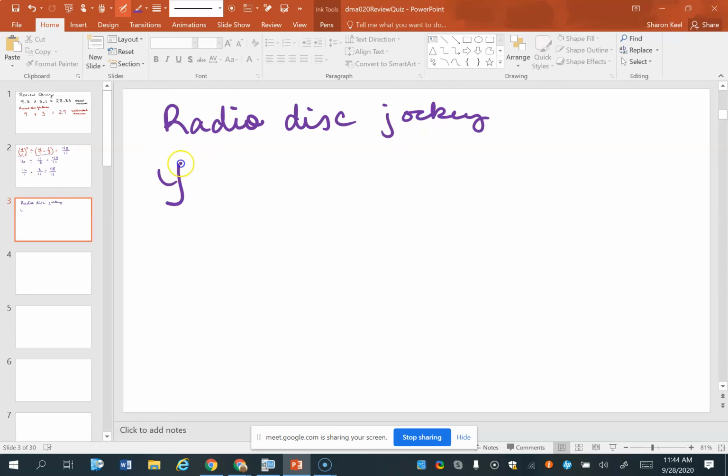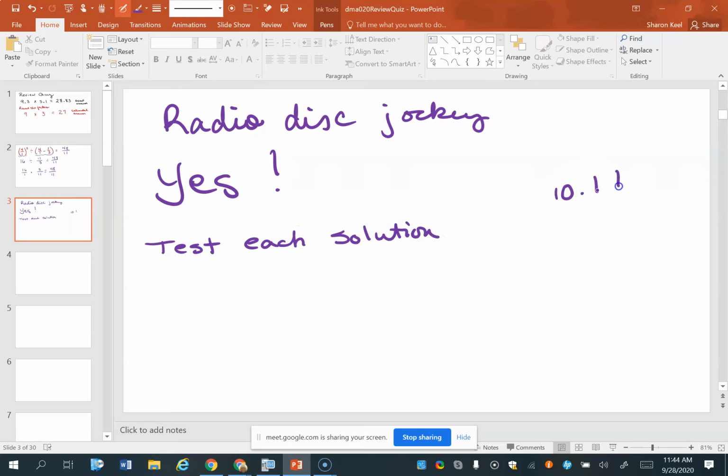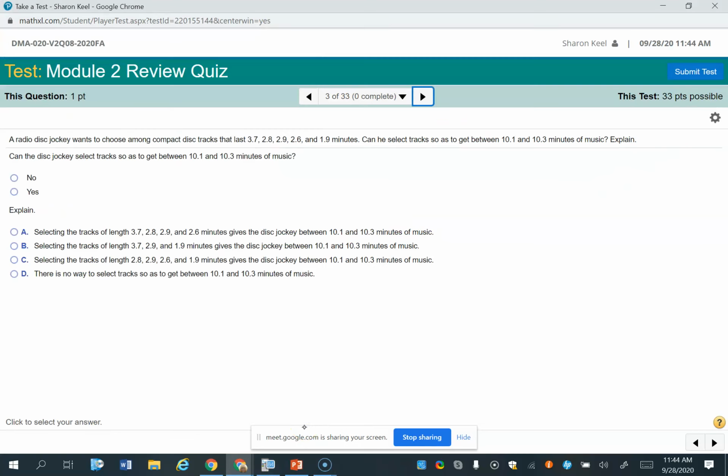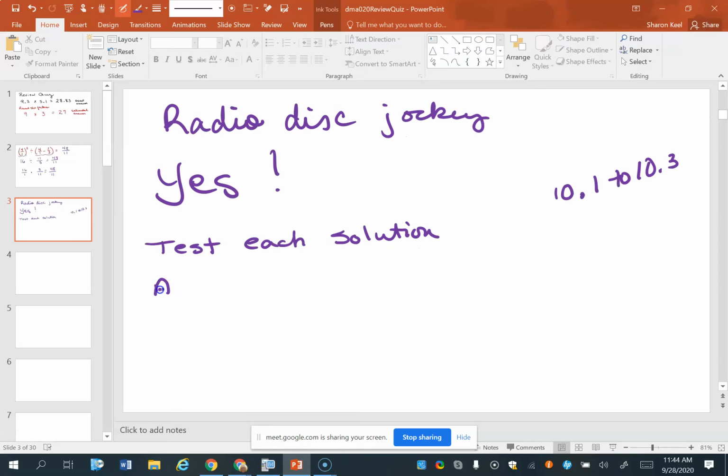For this, your answer is always going to be yes. Then what you want to do is test each solution, looking for 10.13 as the length of the music. We have 4 options, A, B, C, and D.